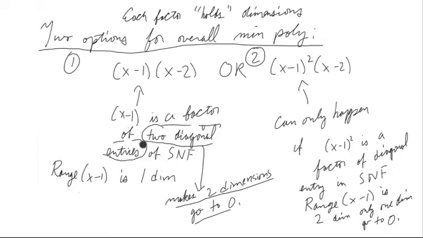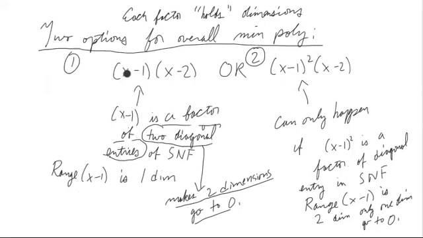So that would mean that x minus 1 itself is a minimal polynomial in two different places. So x minus 1 would hold two dimensions within it. So it would only have one dimension left to get to 0, which would be taken on by the x minus 2. You could think of it that way loosely, intuitively.